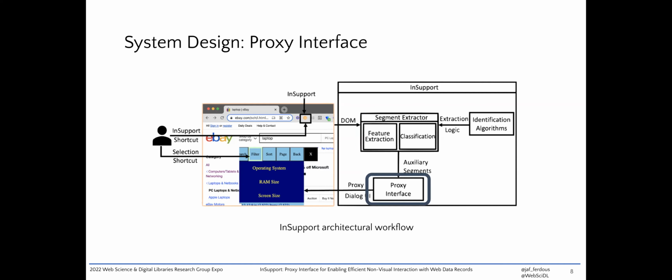The content of the identified auxiliary segments is then duplicated and presented to a user by the proxy interface, as shown in the figure. All user selections in the proxy interface are automatically translated by InSupport into an equivalent action on the actual auxiliary segment control on the web page.